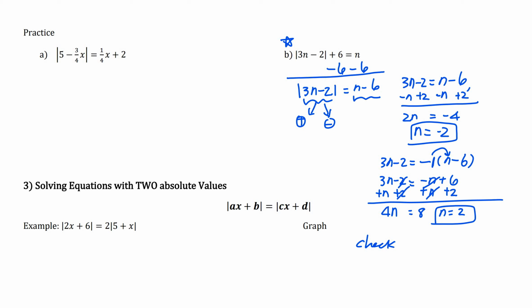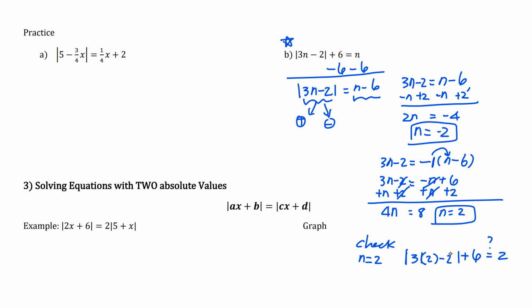Let's check. When n is 2, we know 3 times 2 minus 2 has to equal 2. So 6 minus 4, I'm sorry, I did it in my head and I was calculating.